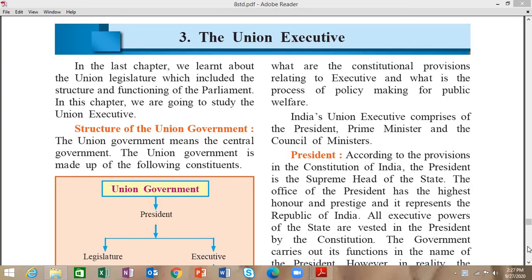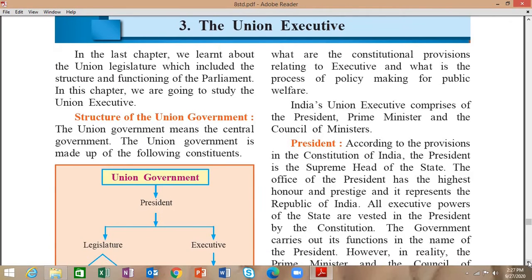Then, when we speak about the Lok Sabha and Rajya Sabha, you require somebody to maneuver the things here in Lok Sabha and Rajya Sabha, so you require executives.